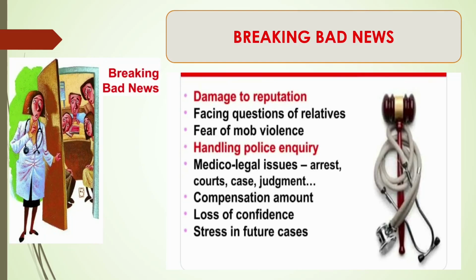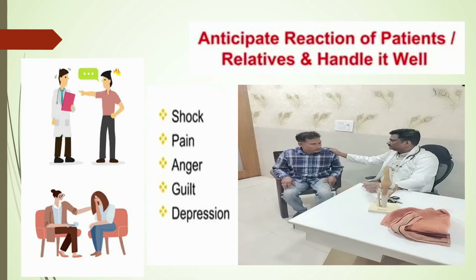And the most stressful issue in this case is how to break the bad news, meaning how to tell that the patient has died on the operation table. And why do we worry? Because of damage to reputation, facing multiple questions from relatives, fear of mob violence, handling police inquiry, handling medico-legal issues such as arrest, court cases and judgment, compensation amount, and loss of confidence.